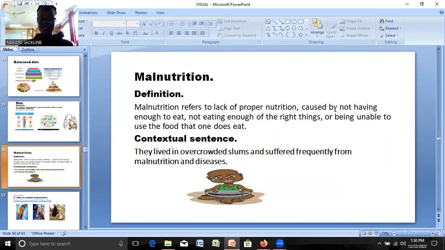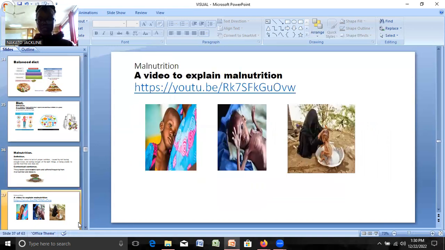So for example, malnutrition, you see in these pictures, children who are malnourished are very thin because they have not eaten, or they have been lacking something to eat. For example, you be at home, you don't have food, and you take a month without eating food. This is the way you will look like.